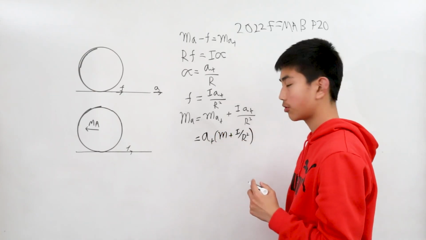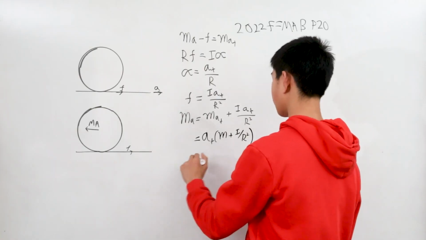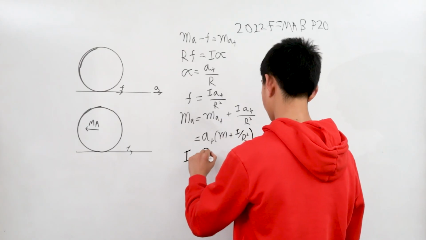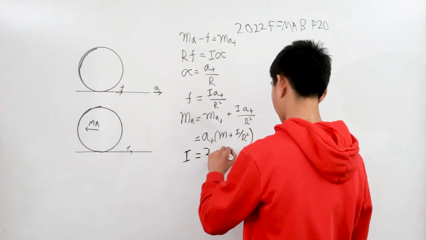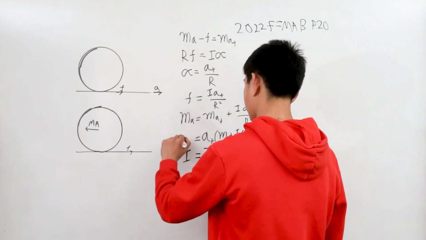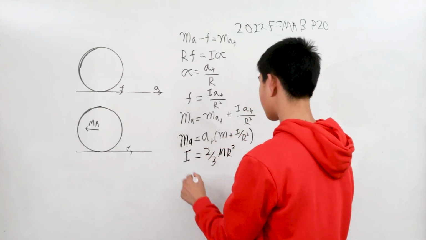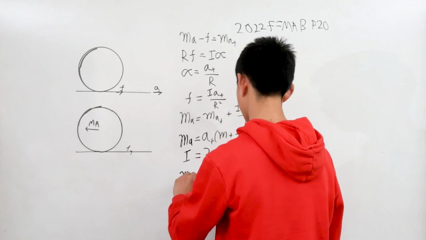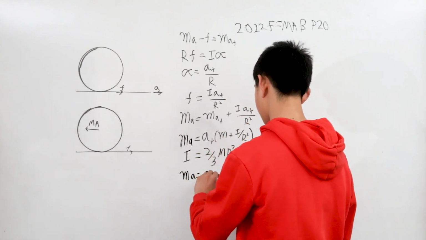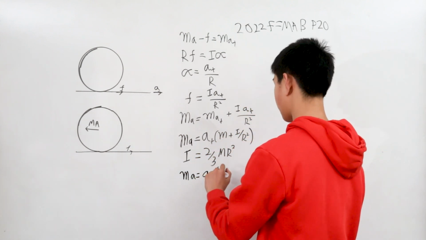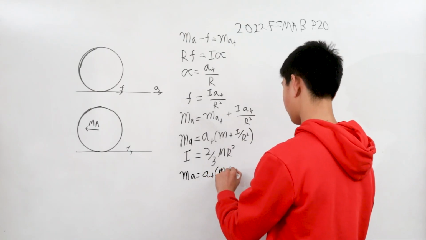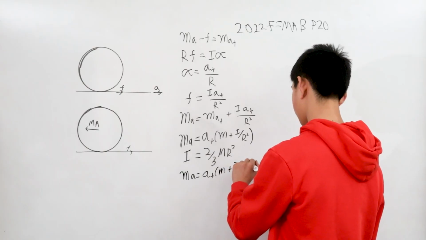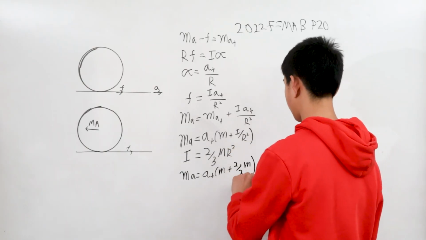For this case, we want to substitute the value of I, where I is equal to 2/3 m r squared. So you can substitute this value of I into this equation to get that ma is equal to a sub t times m plus, well, this is just 2/3 m because the r squares cancel out.